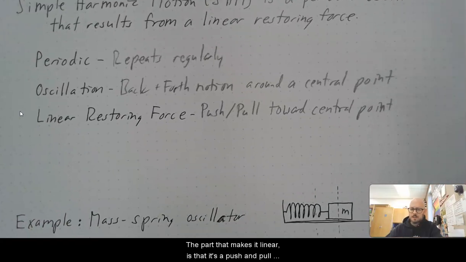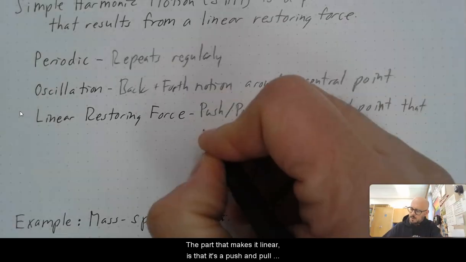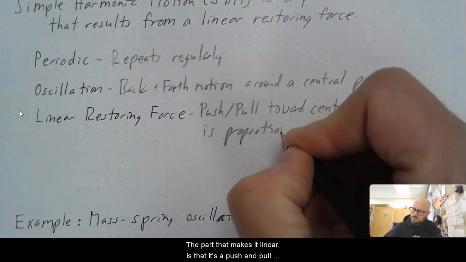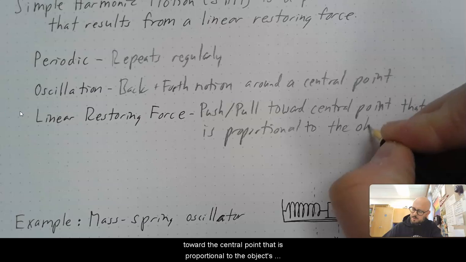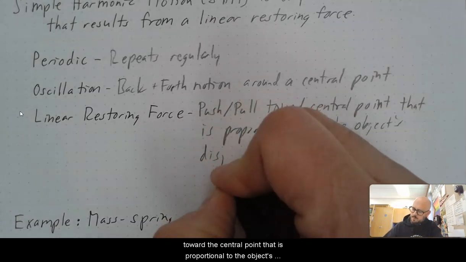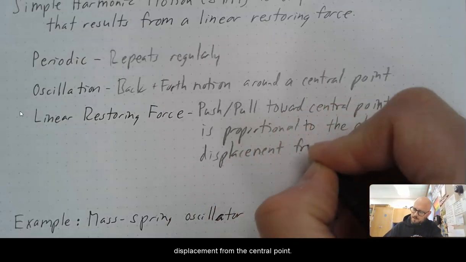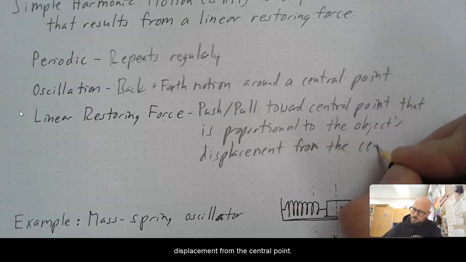The part that makes it linear is that it's a push and pull toward the central point that is proportional to the object's displacement from the central point.